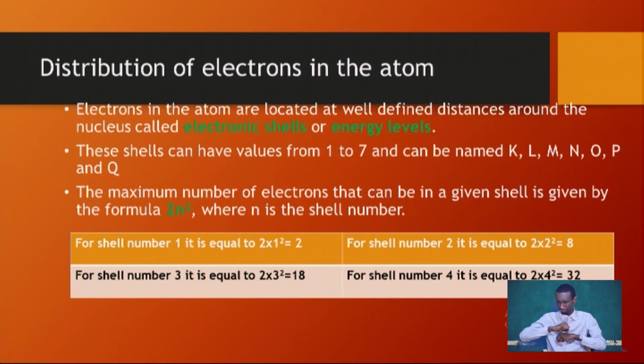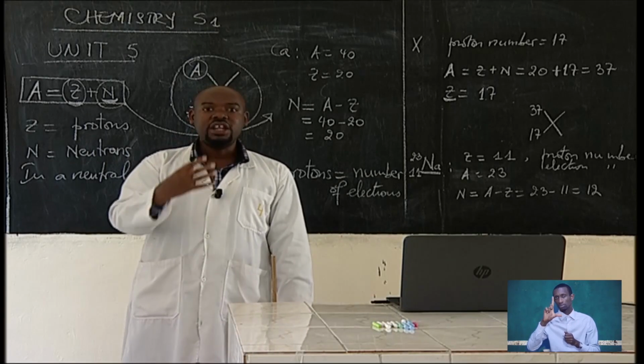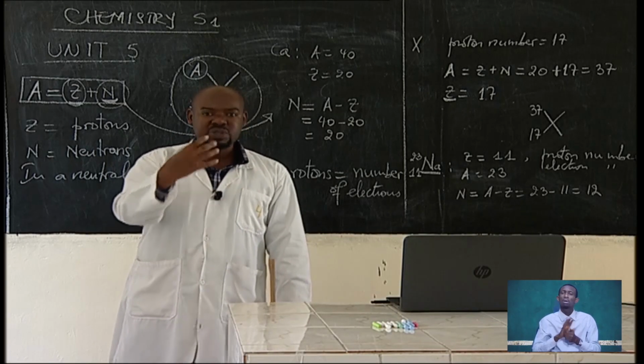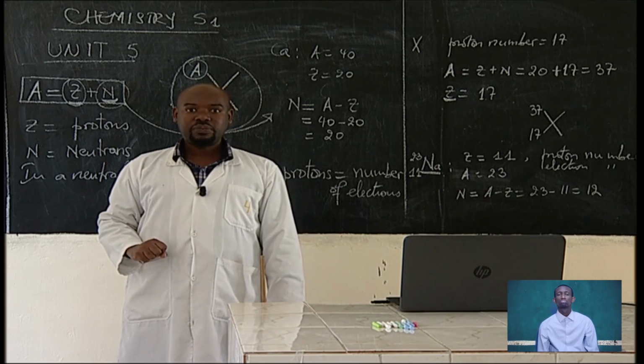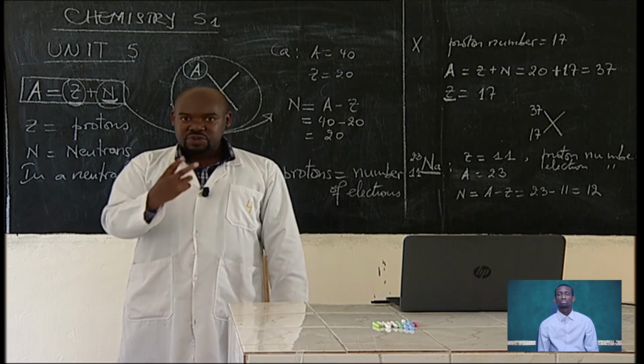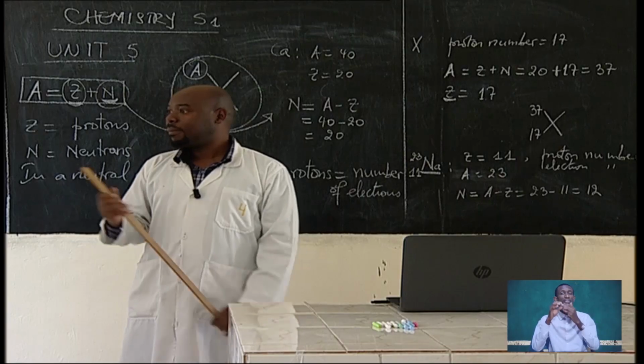But in simple ways, we can say that they are called energy levels because the electrons in a given shell contain a given amount of energy, very specific for that shell.